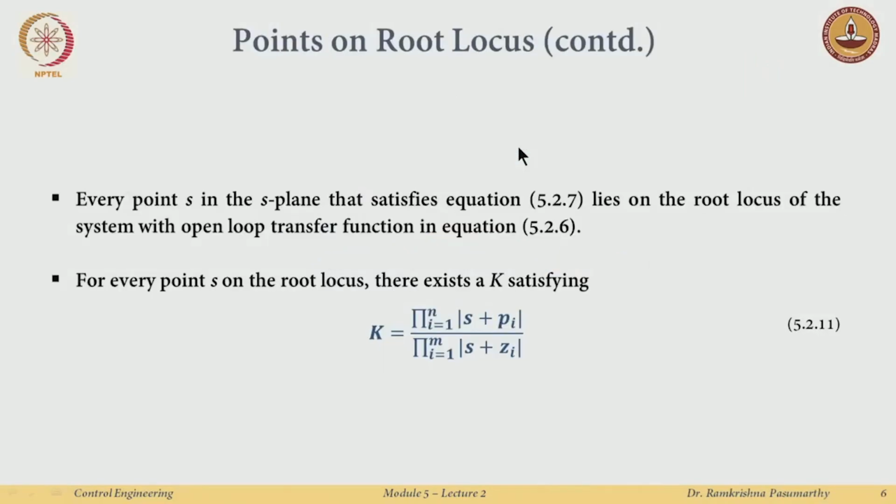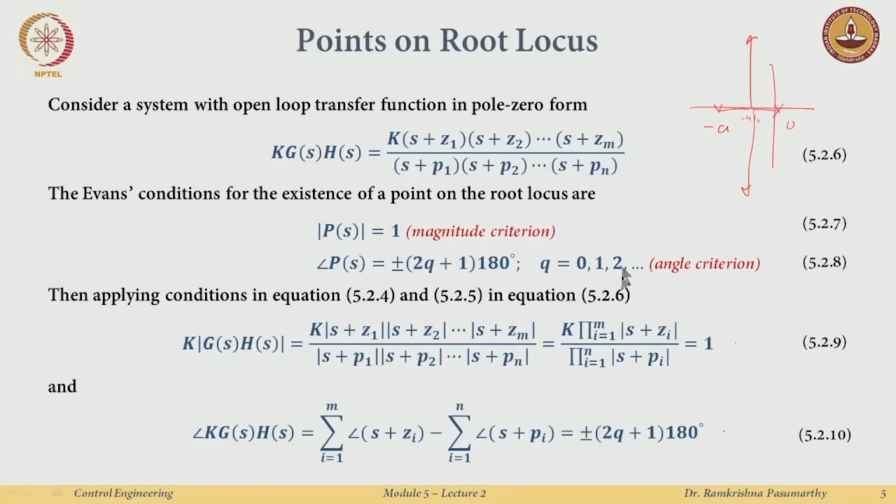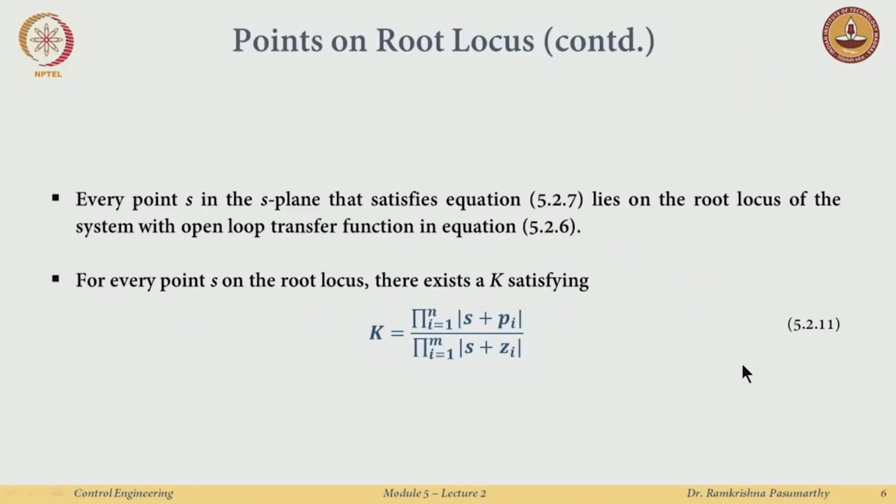The magnitude criterion then simply becomes: k goes to the other side, so the product of the magnitudes of all the poles goes in the numerator, with the zeros in the denominator. These two conditions should be satisfied for any root to lie on the root locus.